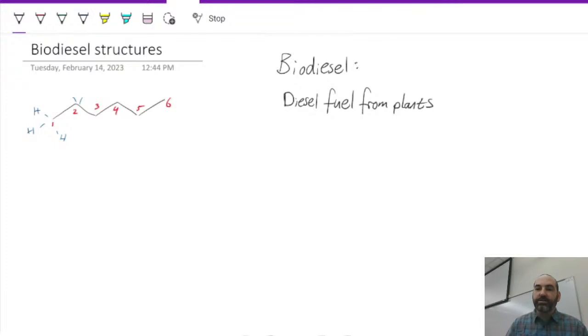So biodiesel is a way to get this type of fuel directly from plants. So you can grow the plant, you can get this stuff, and I'm being vague because I'm going to show you how to do that in a second. And then you can burn the fuel, so it's effectively carbon neutral, more or less, because the plant is taking in the carbon dioxide to grow, and then you're burning it and releasing that carbon dioxide back into the atmosphere.